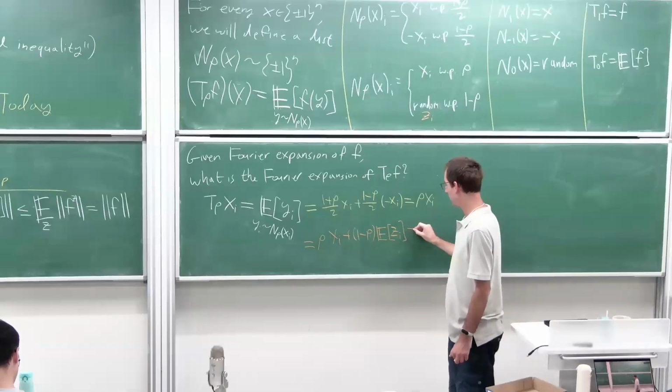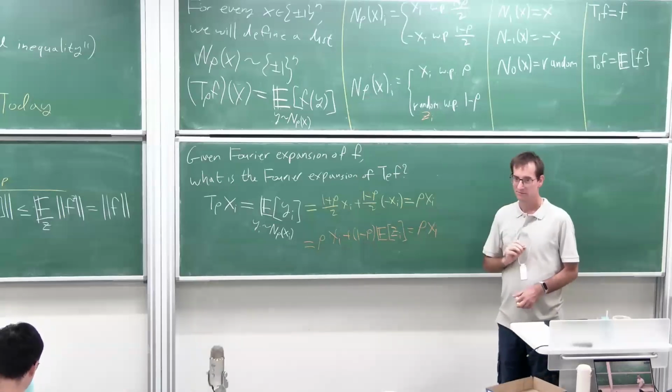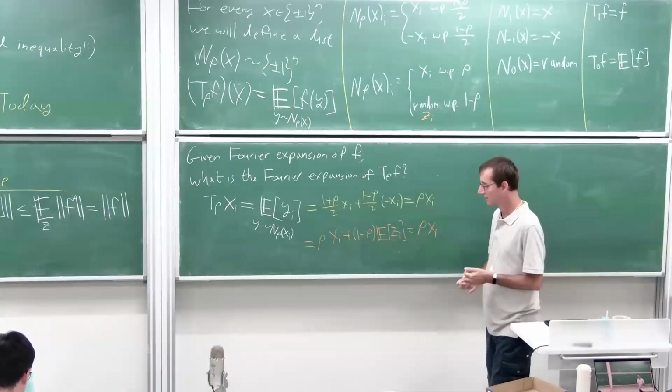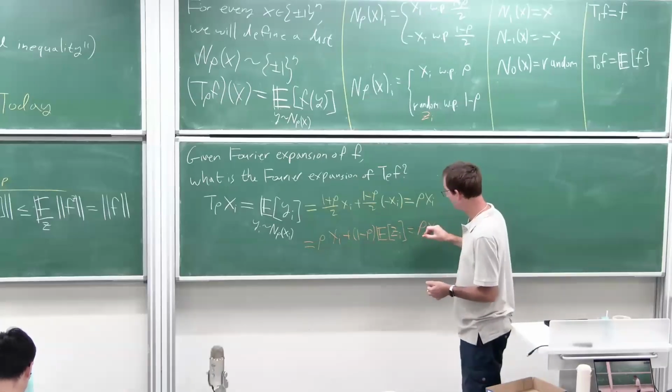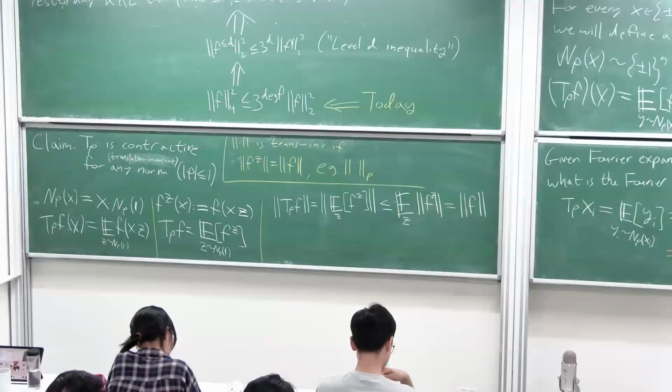So this is also rho x_i. This rho is the eigenvalue I was discussing. We'll see it in a moment.